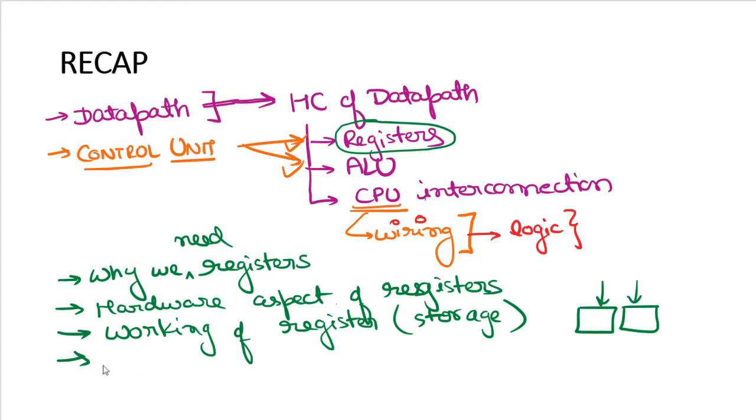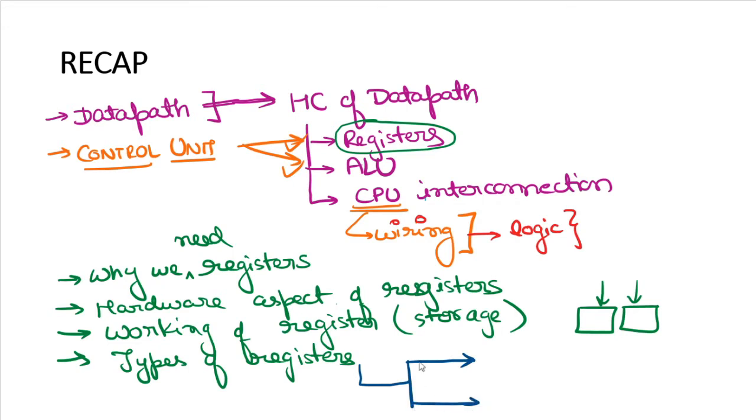Then we discussed the types of registers, right? So registers can basically be categorized based on two things: the information they store, and the task they perform, right? And based on the information they store, they can be classified into two types. First one was data register, and second one was address register, right?